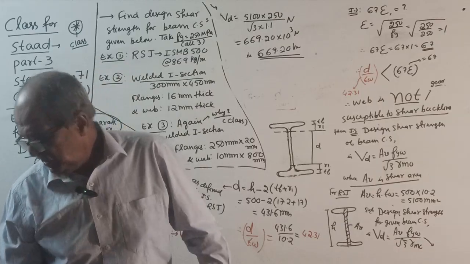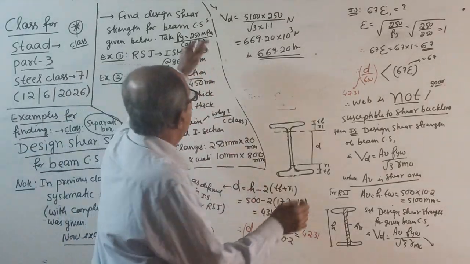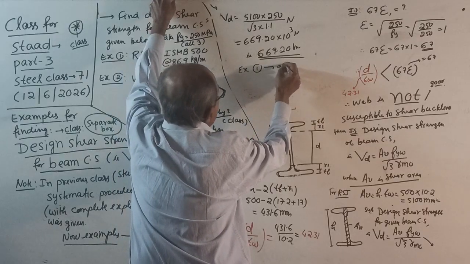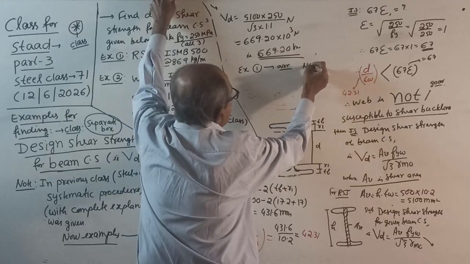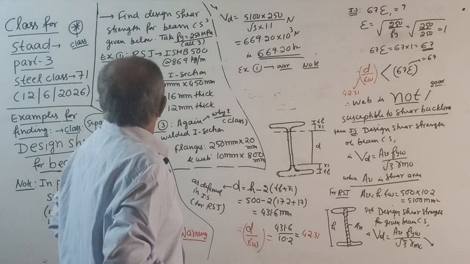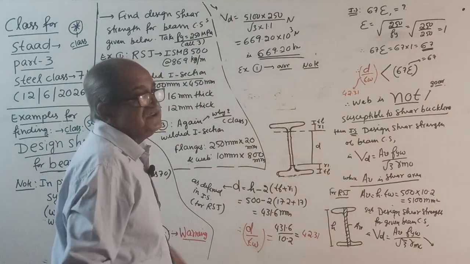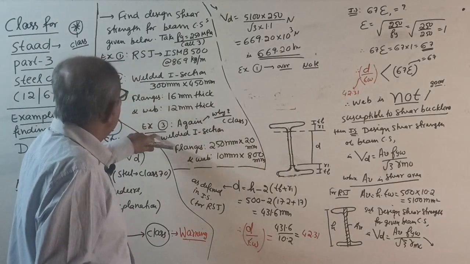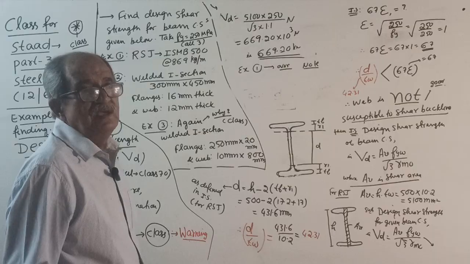Okay, example 1 over. Now make a note; I will dictate, you should write. Example 1 is for RSJ. Example 2 and example 3 are for welded section.